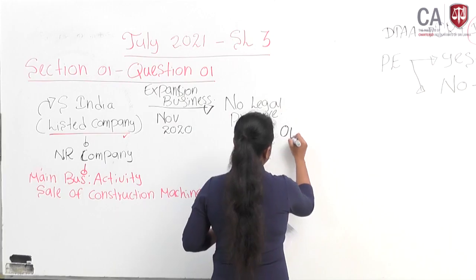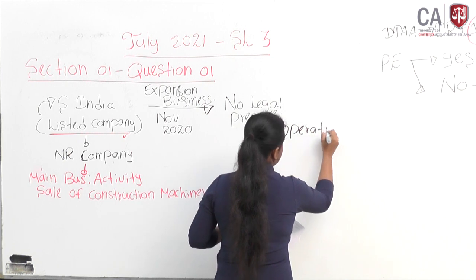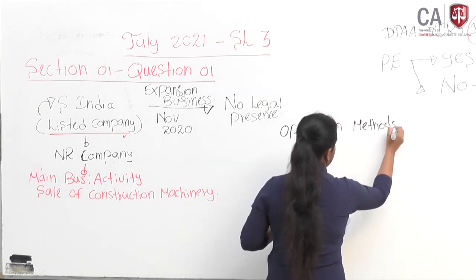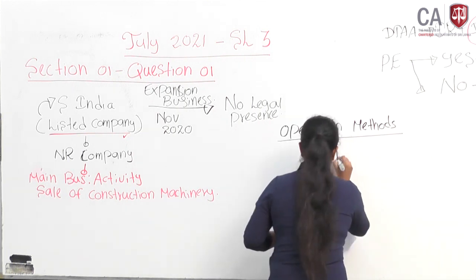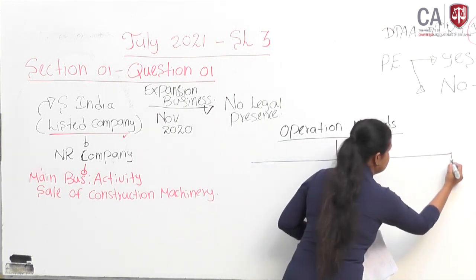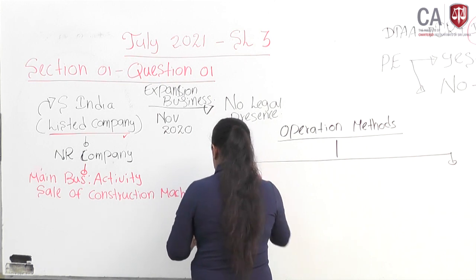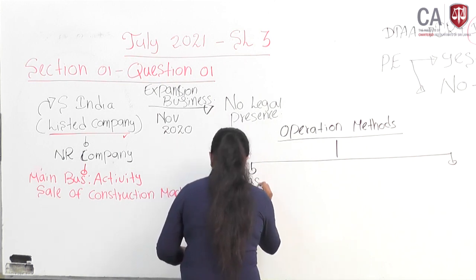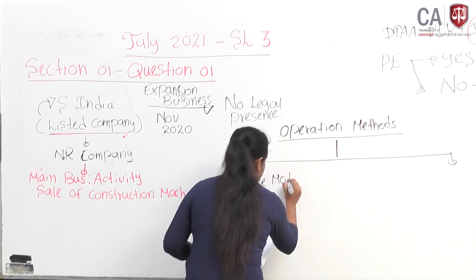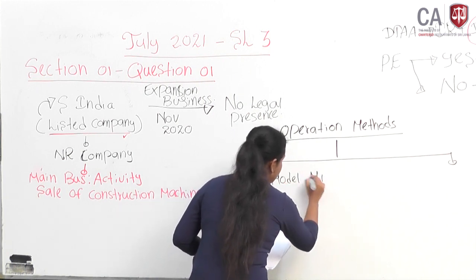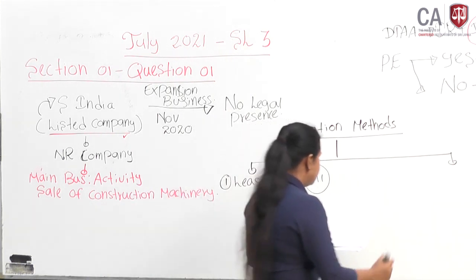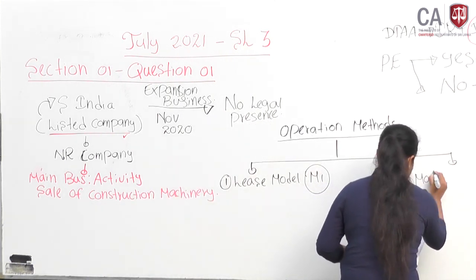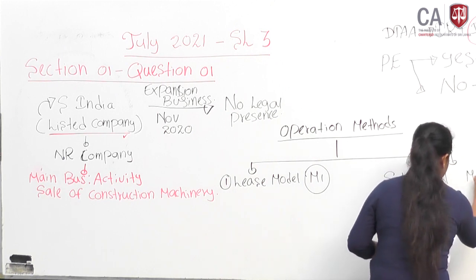These are the operation methods. There are two operation methods. One is the lease model, which is model 1, and the second one is the sale model, which is model 2.